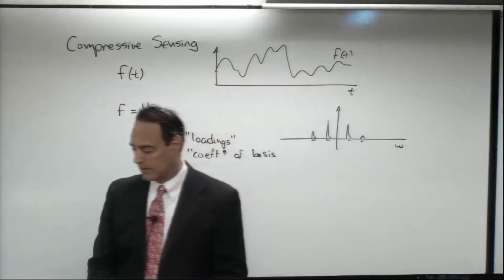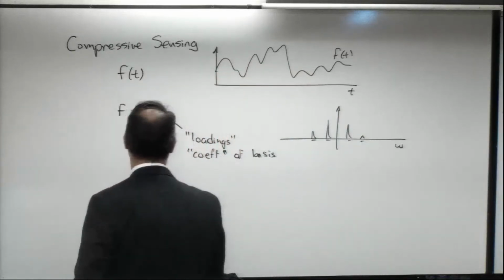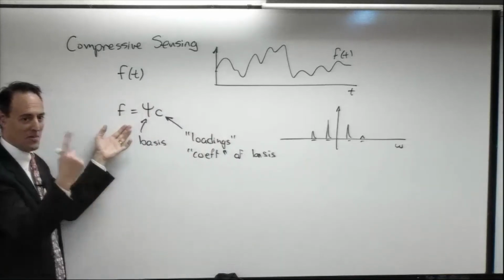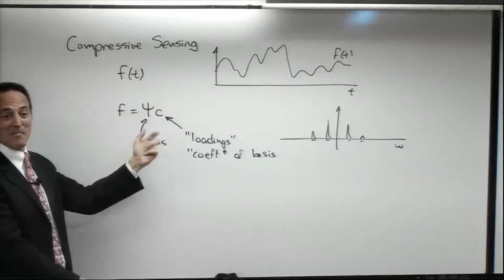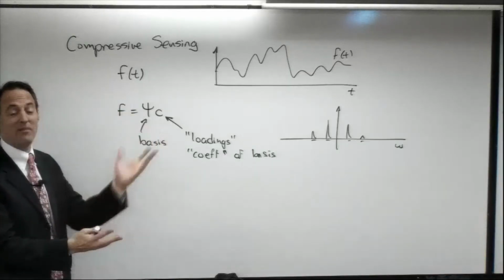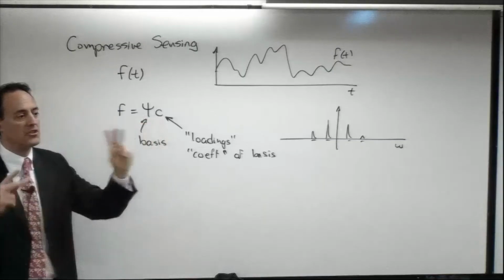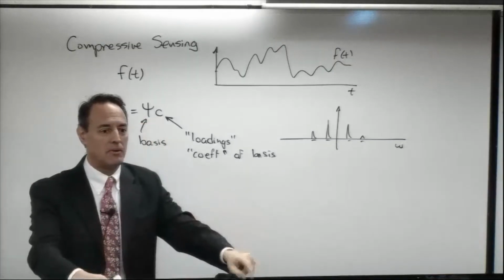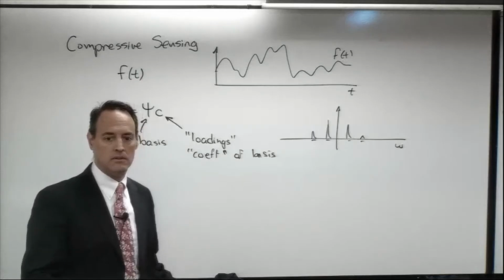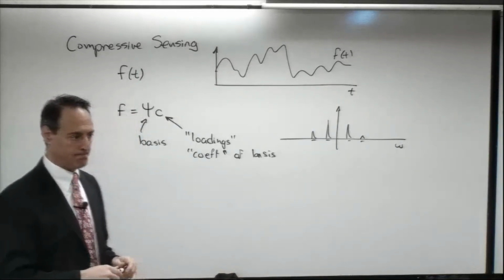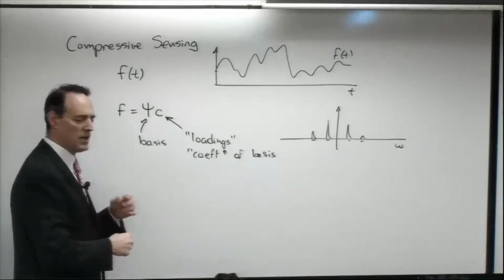Okay, how does it work? First, step 1, I have a basis, wavelets or Fourier. I give it a basis set in which the signal is compressible. Wavelets and Fourier are super easy to work with. We're going to work with Fourier today. What does compressible mean?